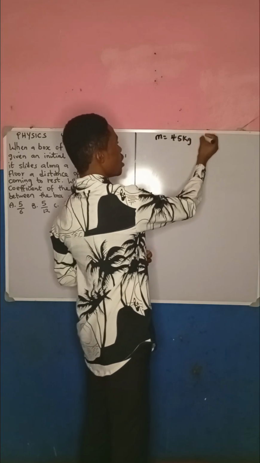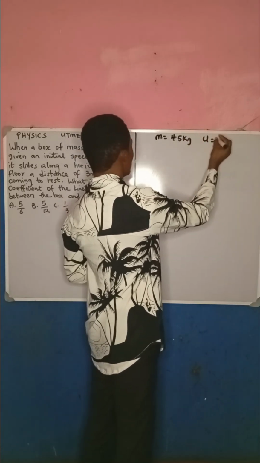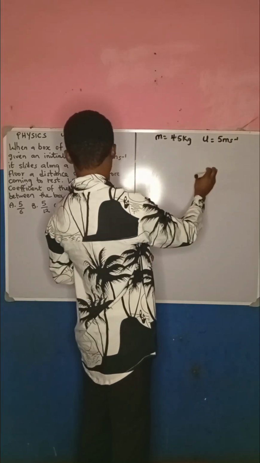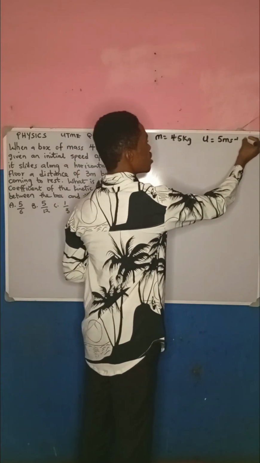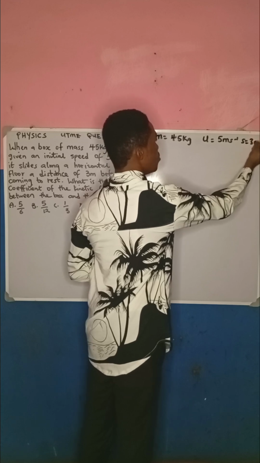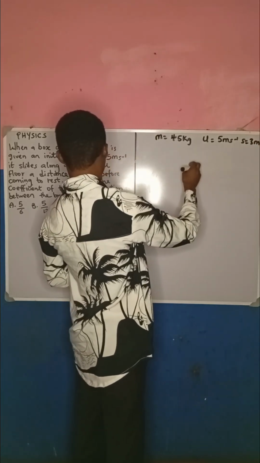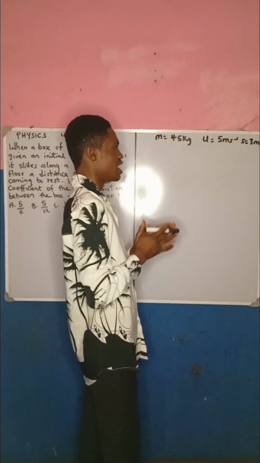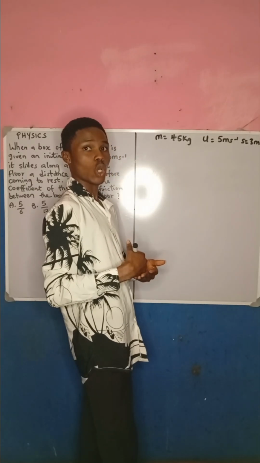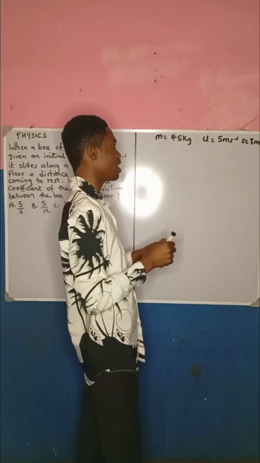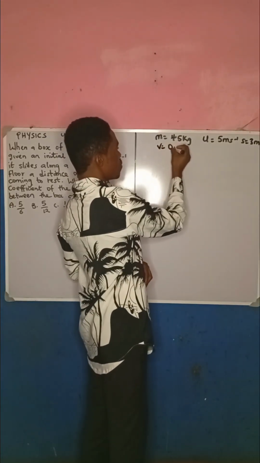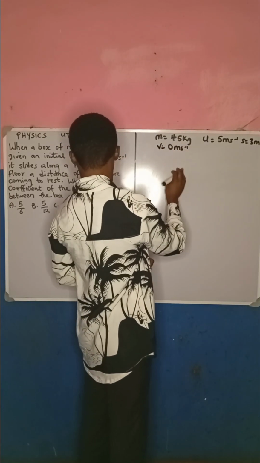Now we have our initial speed U to be 5 meters per second. Another quantity, we have distance to be 3 meters. Now, whenever you hear "before coming to rest", it means deceleration or retardation. Now here, the final velocity V becomes 0, so you have 0 meters per second.